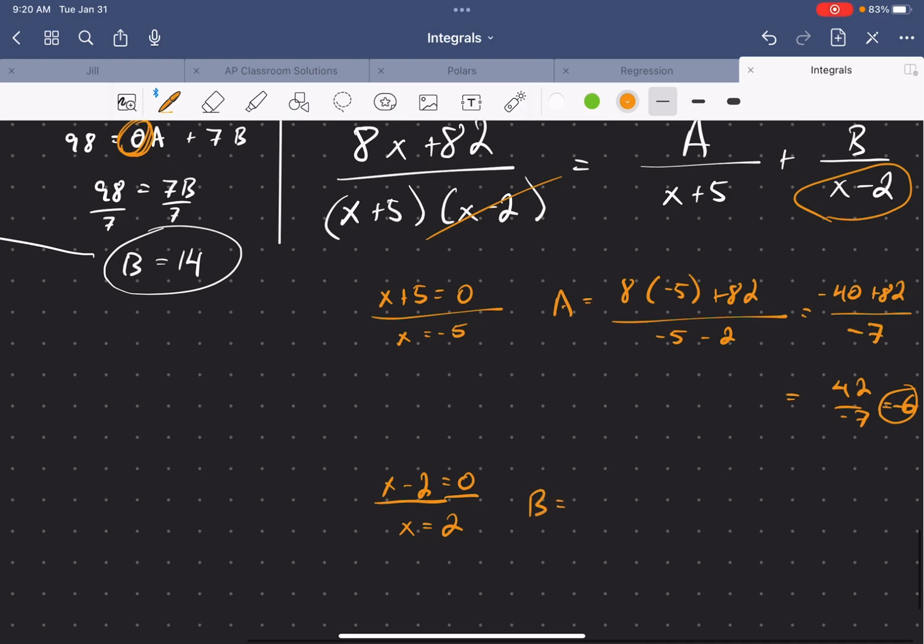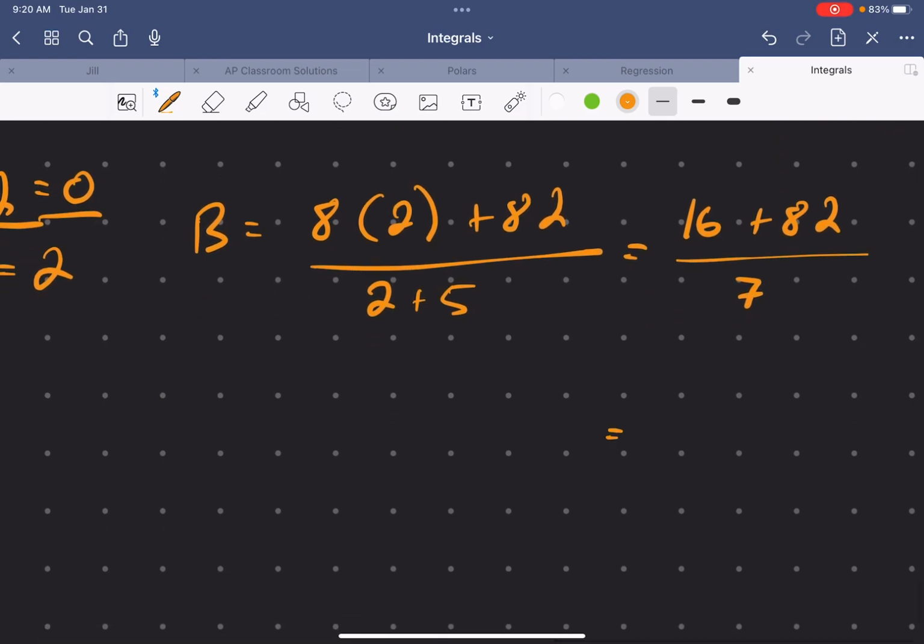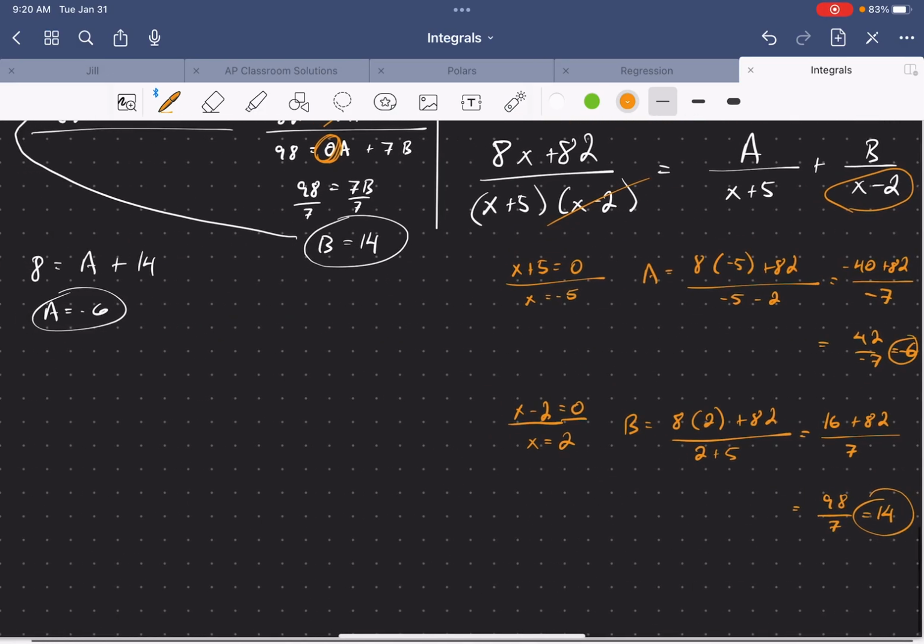This would give us the b. So b is equal to 8 times 2 plus 82 over 2 plus 5. So 16 plus 82 over 7, which would be 98 over 7, which is 14. So b is equal to 14.